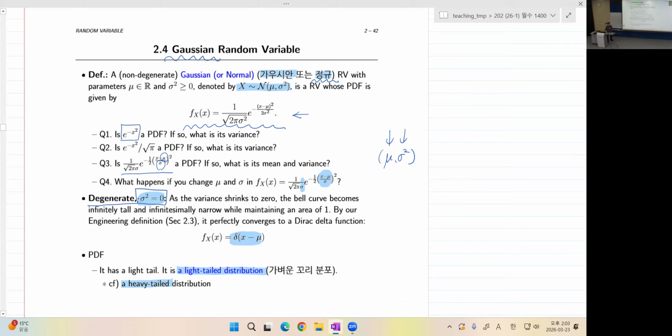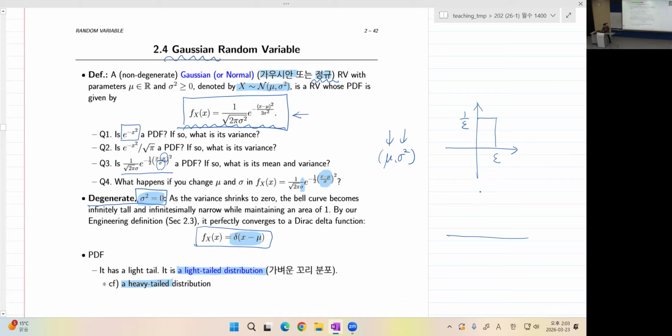In that case, parameter sigma square equals 0, and the PDF is not this bell-shaped curve, but a Dirac delta function. However, probably some of you remember from your textbook, I'm not sure which textbook you use in signals and systems, but when you define a Dirac delta function, not just this rectangular pulse is used.